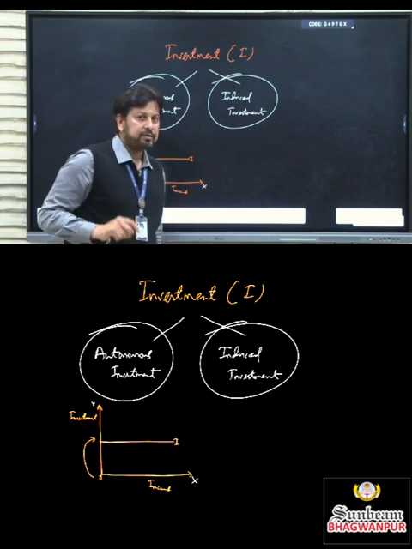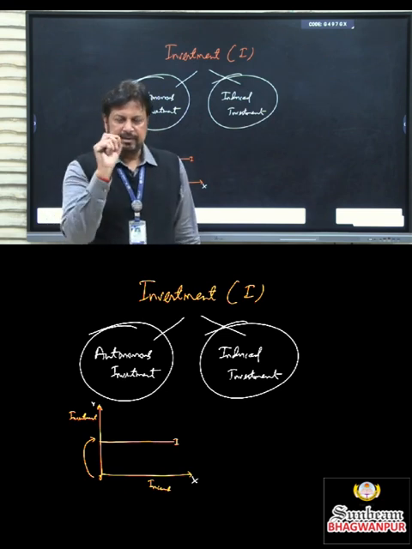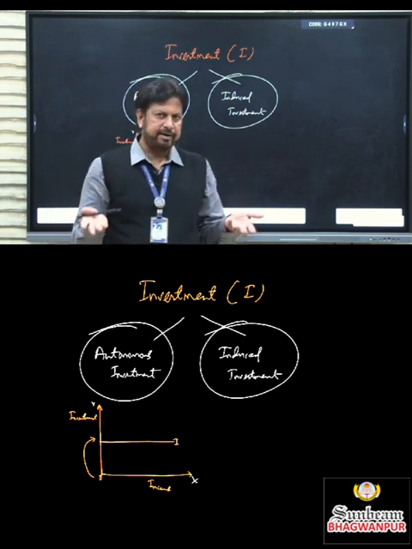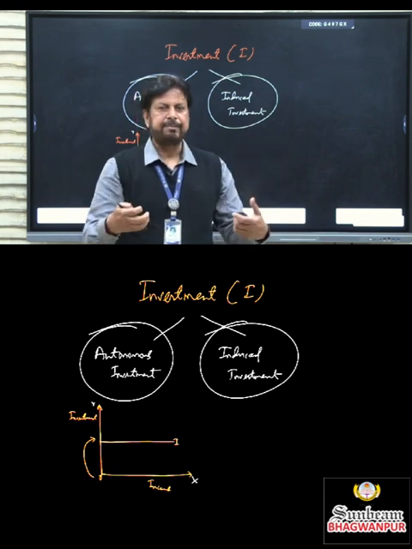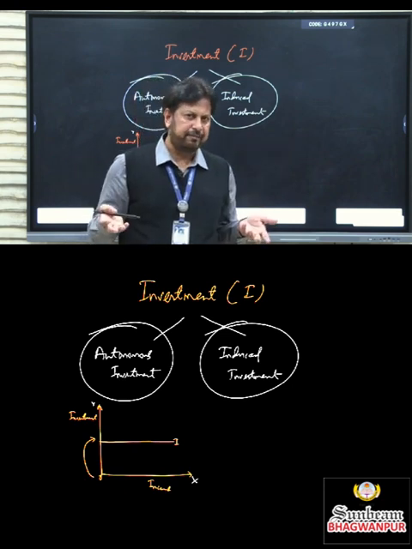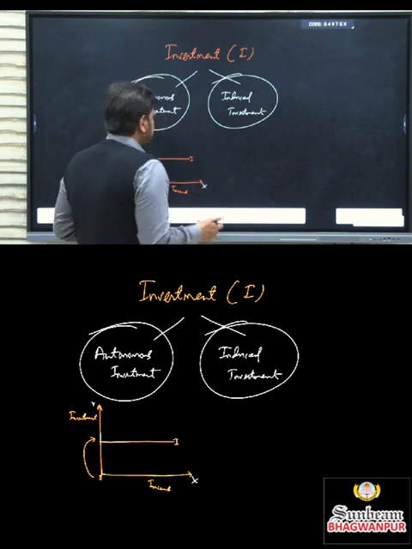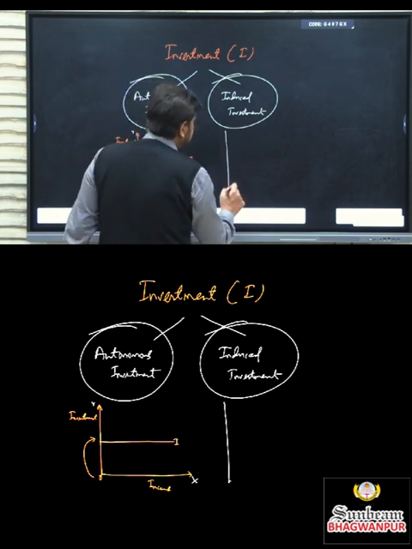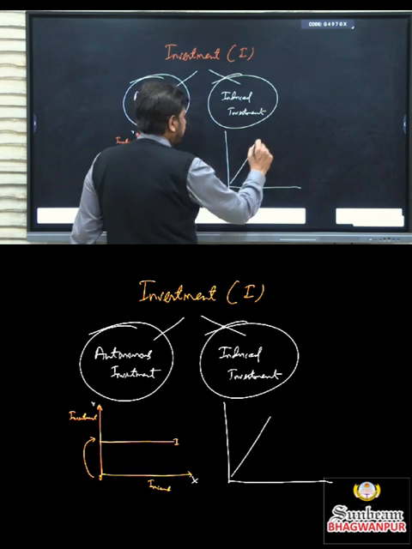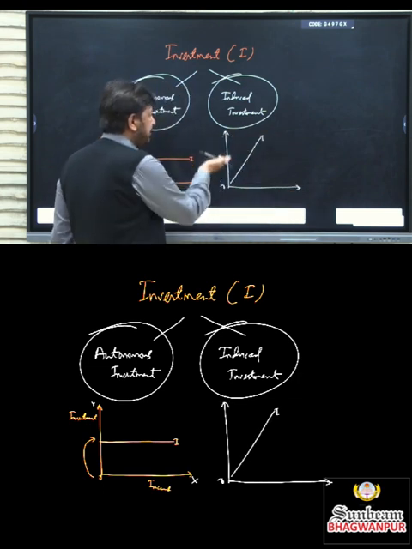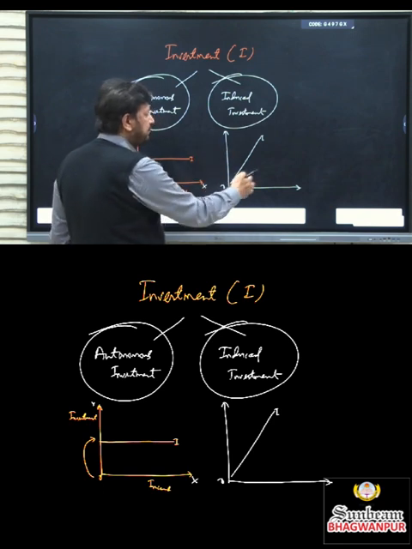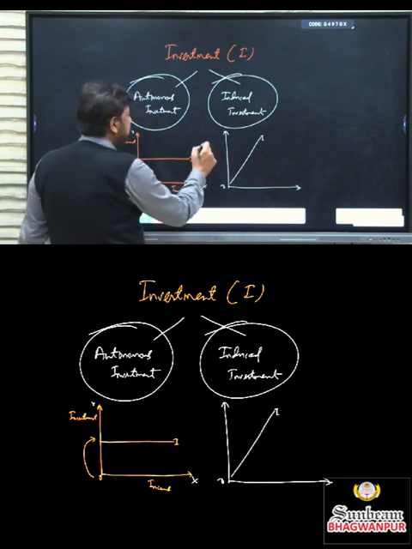Induced investment, on the other hand, is the investment that is directly related to the level of income, level of profit. So this investment is done for earning profit. And so the induced investment curve has a positive slope, showing that with the rise in income, investment rises, and with the fall in income, investment falls.